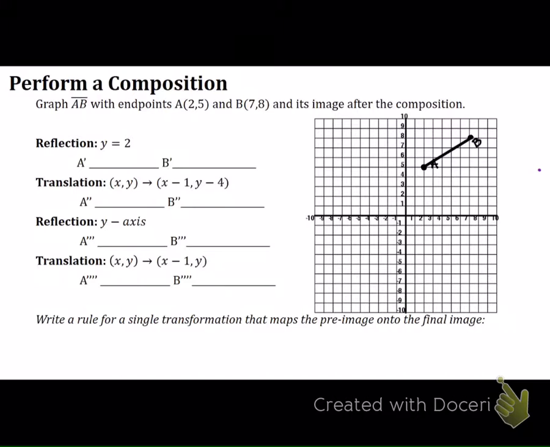All right. Reflection over y equals 2. Is that a vertical or a horizontal line? Is y equals 2 a vertical or horizontal line? Horizontal. It is a horizontal line. So that's y equals 2. We are reflecting over that line there. So Ian, where is A going to end up then?